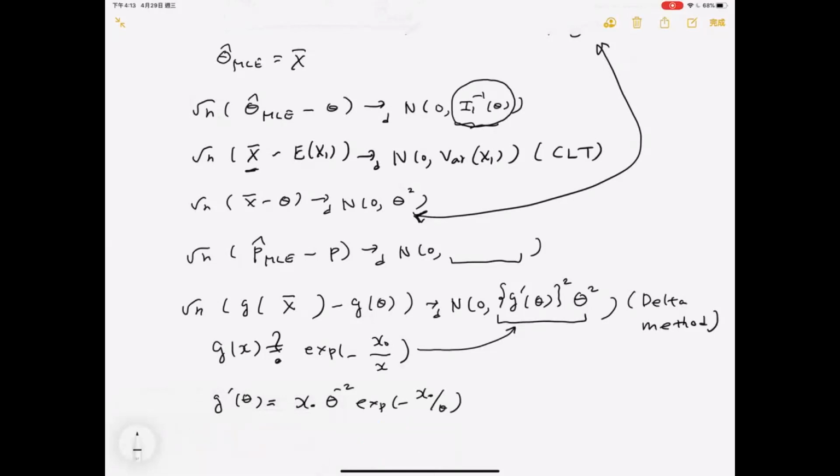Then you take the square, and eventually this equals x0 squared theta to the minus 2, then exponential of minus 2x0 divided by theta.